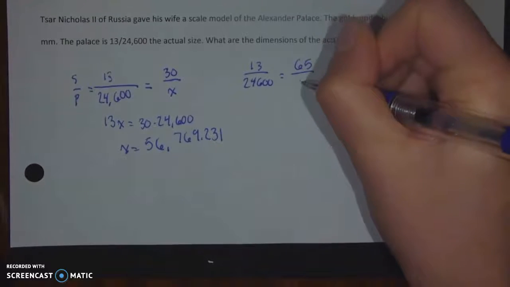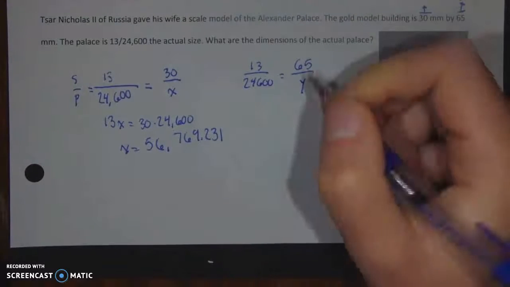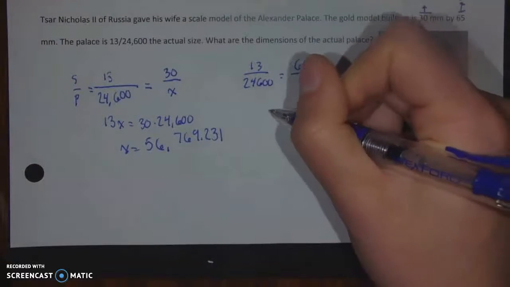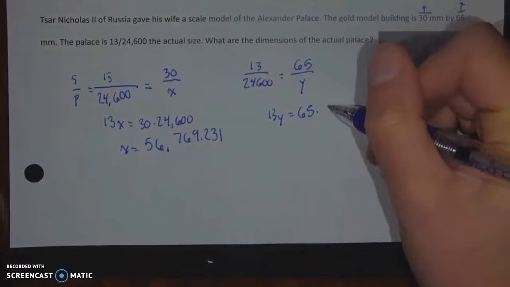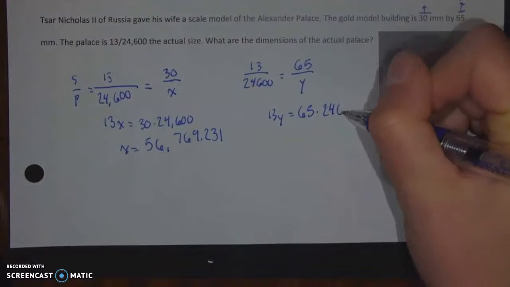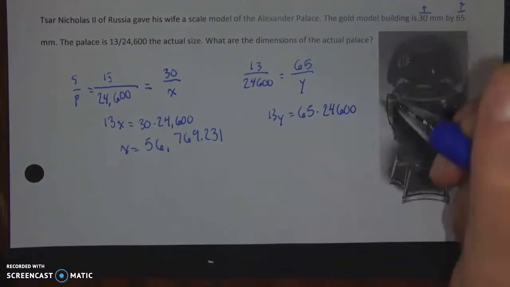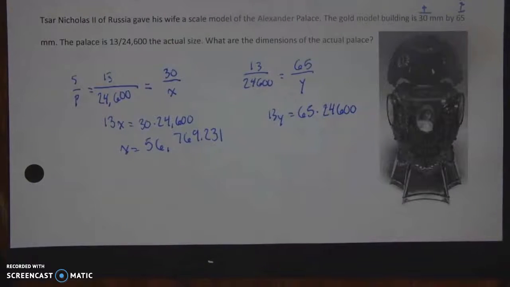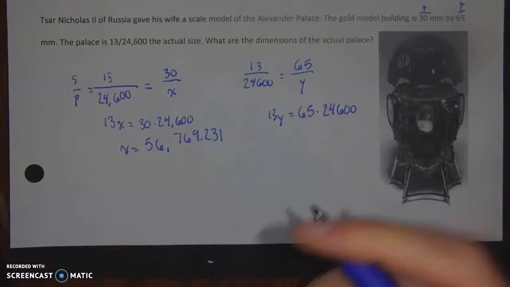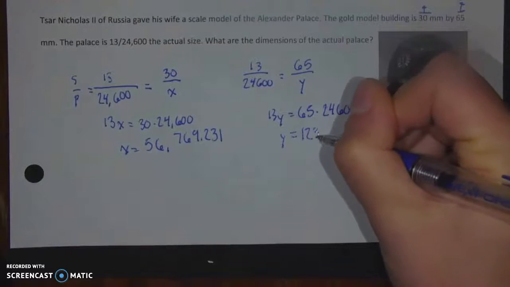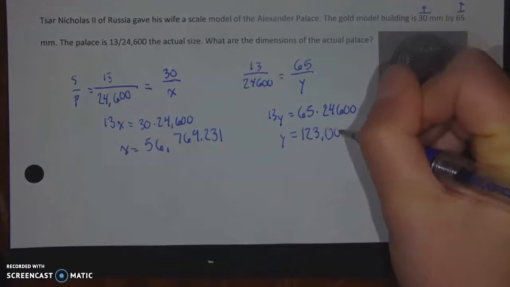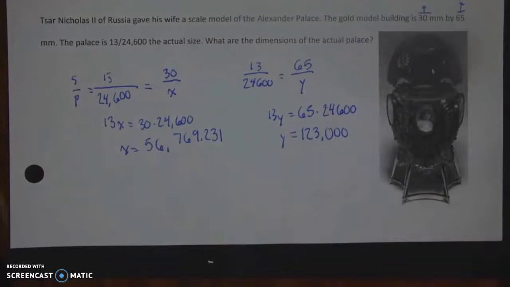My scale is on top, my palace is on the bottom, and here I end up with 13y is equal to 65 times 24,600. So if I do 65 times 24,600 and I divide that by 13, I end up with y is equal to 123,000, which is a pretty stinking huge number.